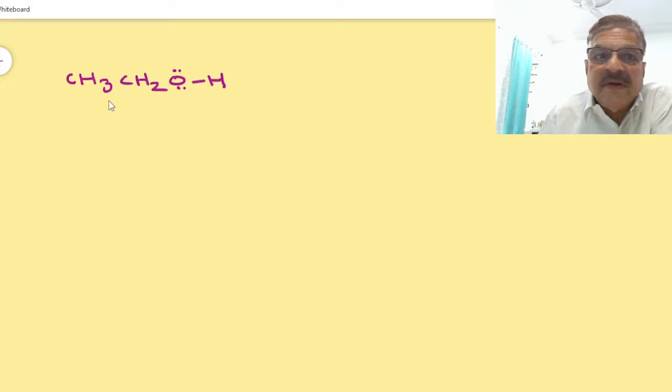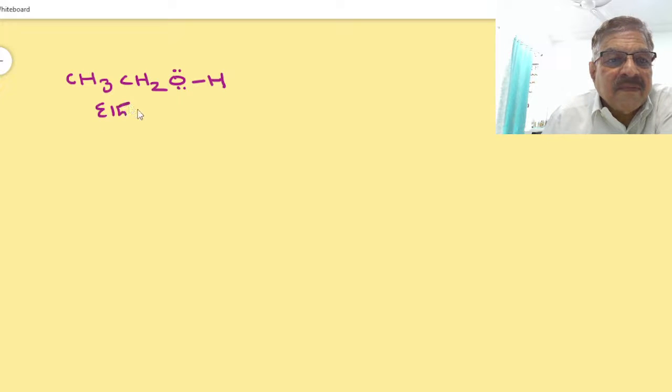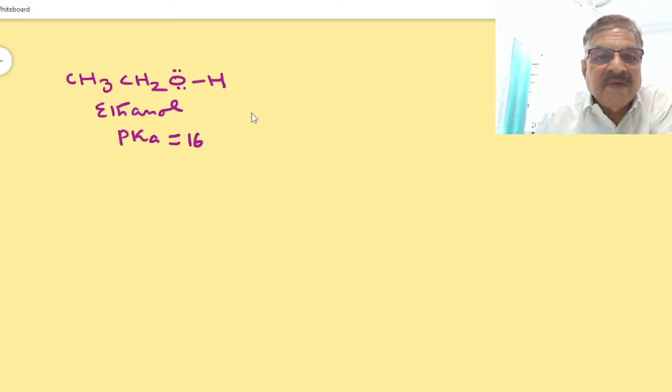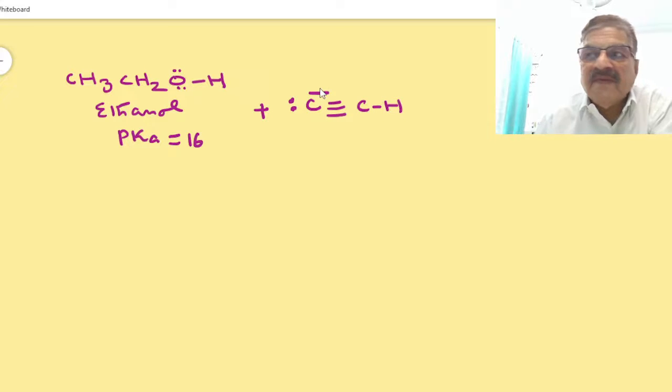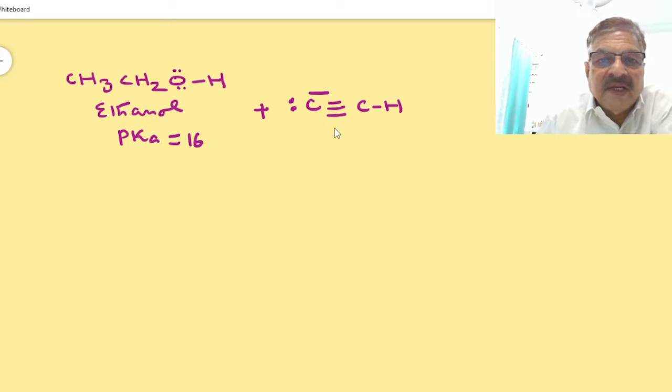So this is our ethanol, pKa 16. This is reacting with the acetylide anion. This is our acetylide anion. Ethanol reacting with acetylide.